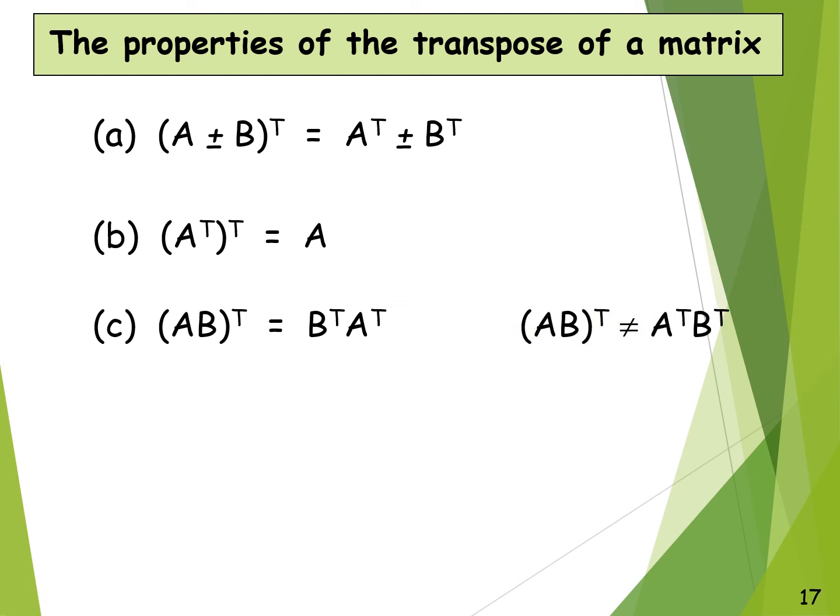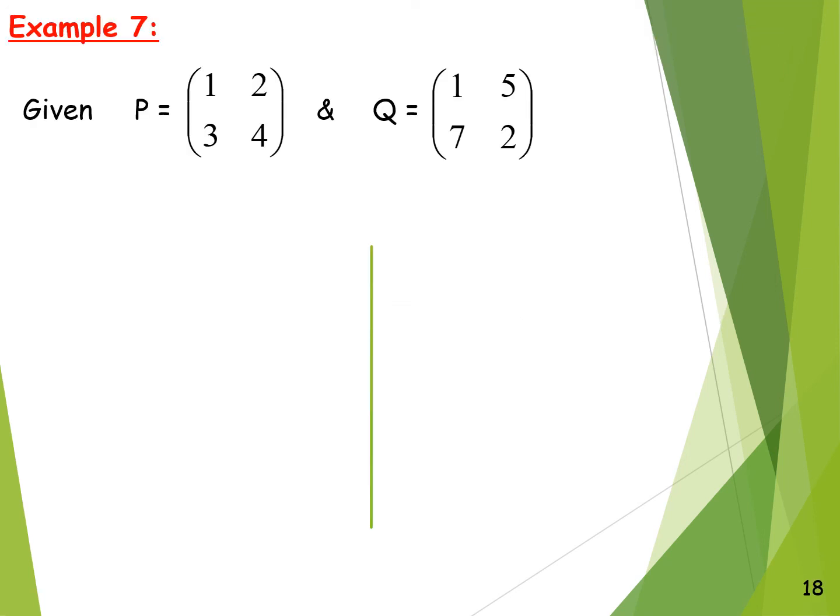But remember that AB transpose is not equal to A transpose B transpose. D. K is a scalar that multiplies A transpose, and this is equal to K A transpose.